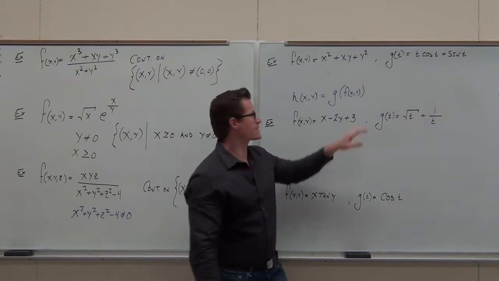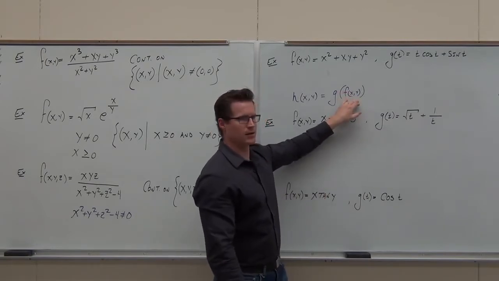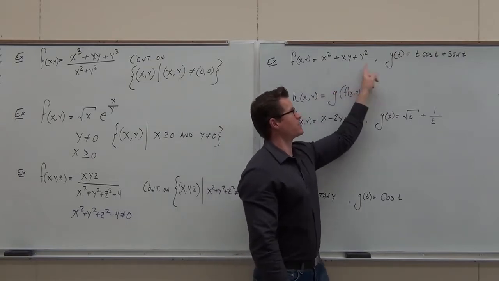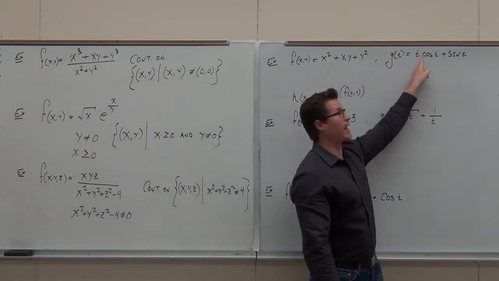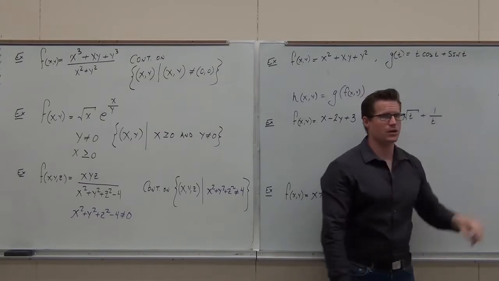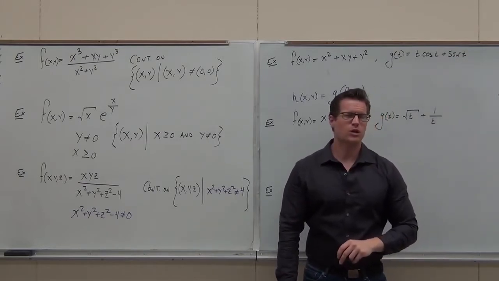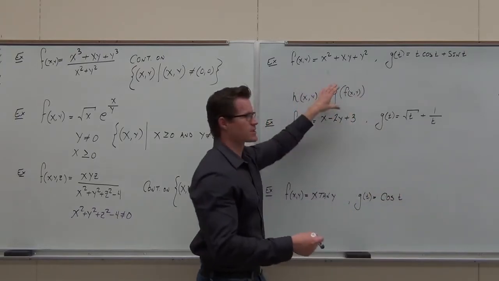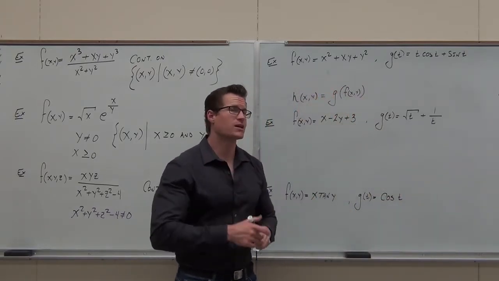This says take the f thing, put it in for the g thing. So take this entire thing and replace this variable with it. Do you actually want to do that? No, not really. All I'm worried about is what the continuity is going to be for this composed function that we're going to get.